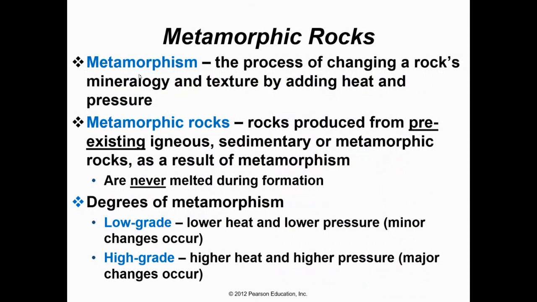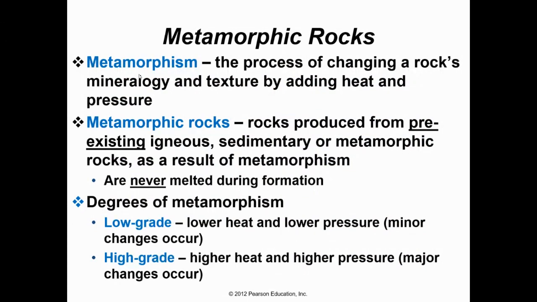Okay, so metamorphism is simply changing a rock's mineralogy and its texture by adding heat and pressure. That definition is pretty cut and dry. Metamorphic rocks we know come from a pre-existing rock, and it can be any pre-existing rock of any of the three types.